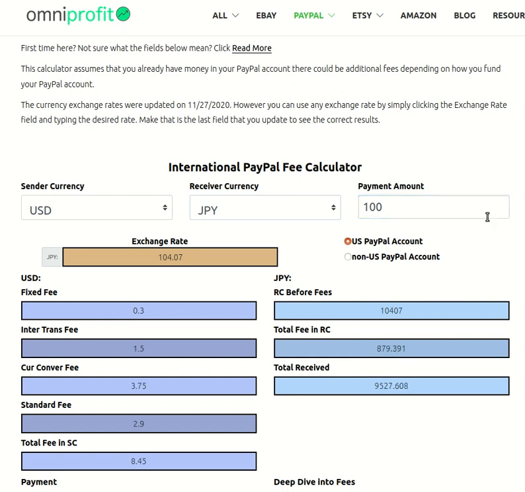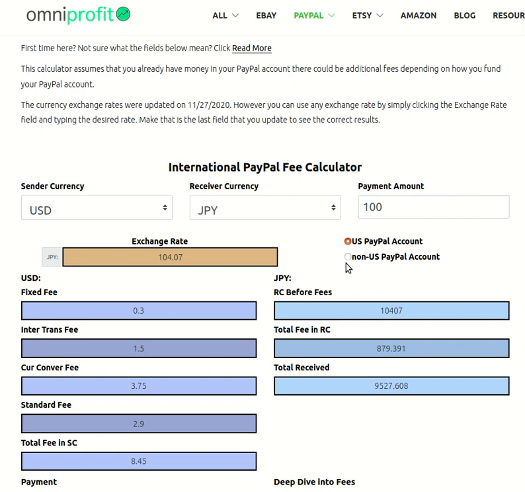And so now the next level of inputs, you can see the exchange rate, which can be changed, and that will be discussed at the end. And then you see these two radio buttons, US PayPal account and non-US PayPal account. This field is determined by the sender currency.